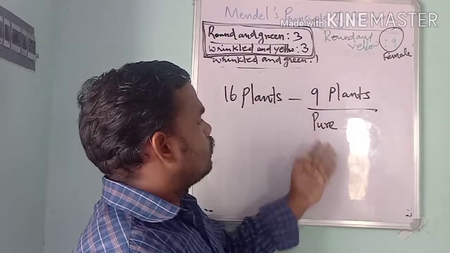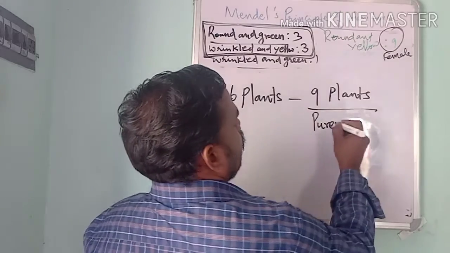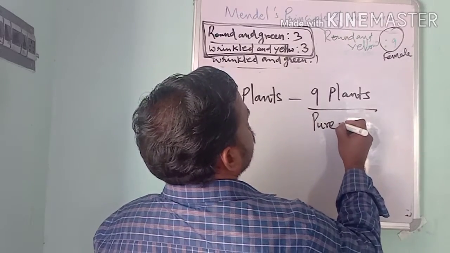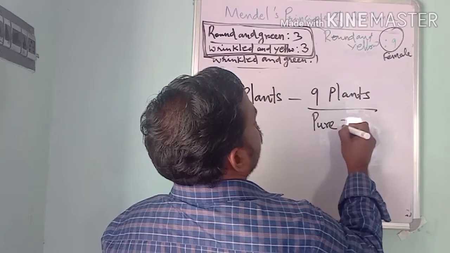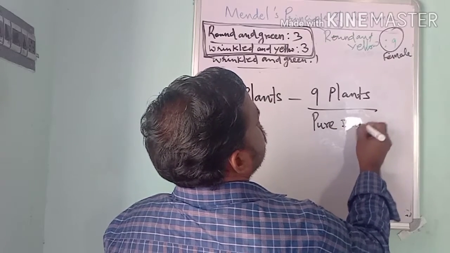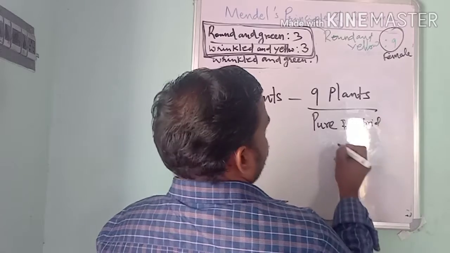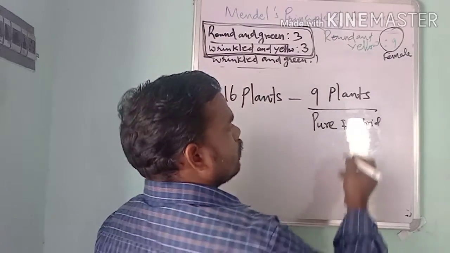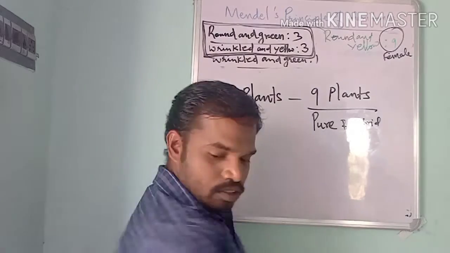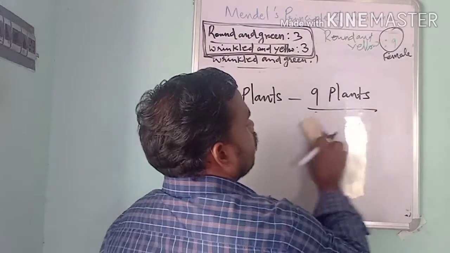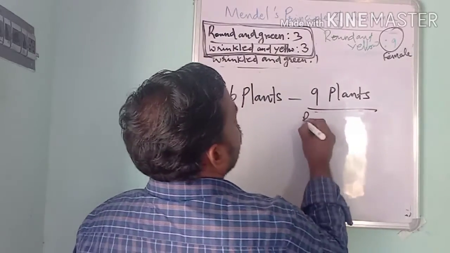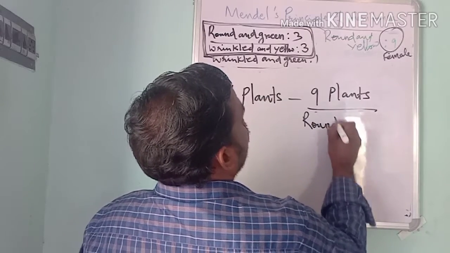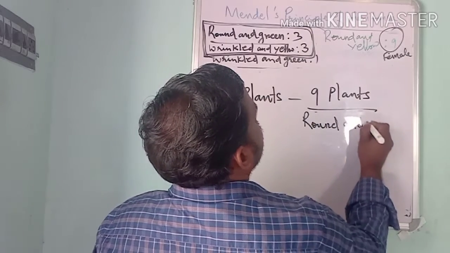So 9 plants, listen, 9 plants you are getting, pure as well as hybrid. Okay, pure alleles as well as the heterozygous alleles. And the number we can have is 9 plants are round and yellow. Round and yellow.